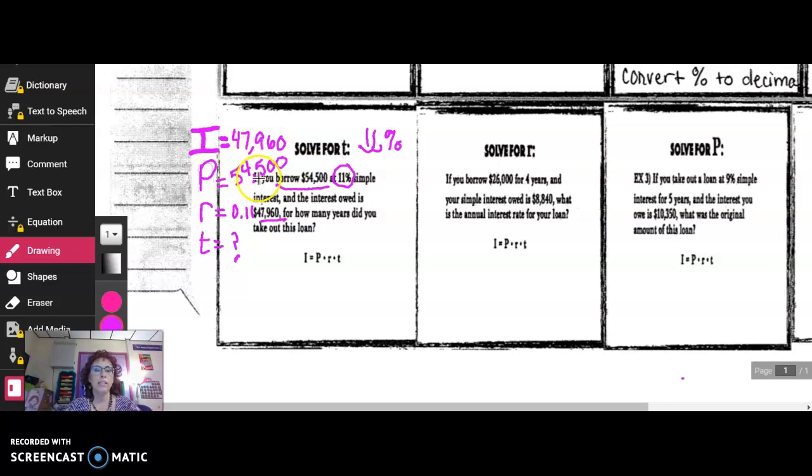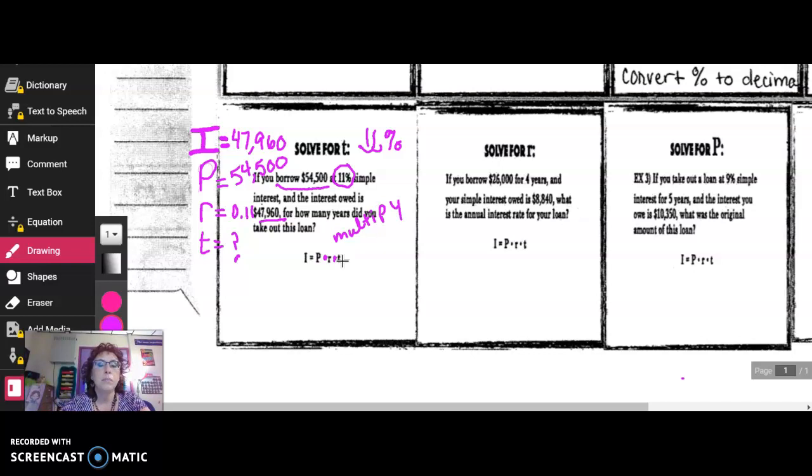All right. So once you identify all the parts of your formula, now you're going to input the values. So here is our formula. Don't forget, these dots are multiplication. That just tells you to multiply.